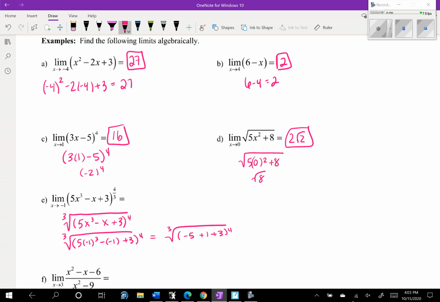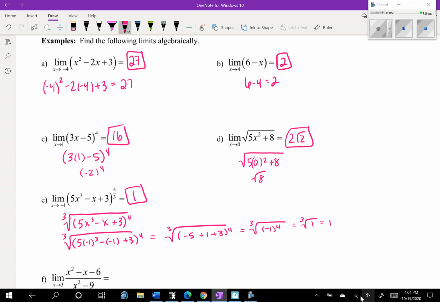So -5 plus 4 is just the cube root of -1 to the fourth power. -1 to the fourth power is 1, so the cube root of 1 equals 1. So that means this whole thing is equal to 1.